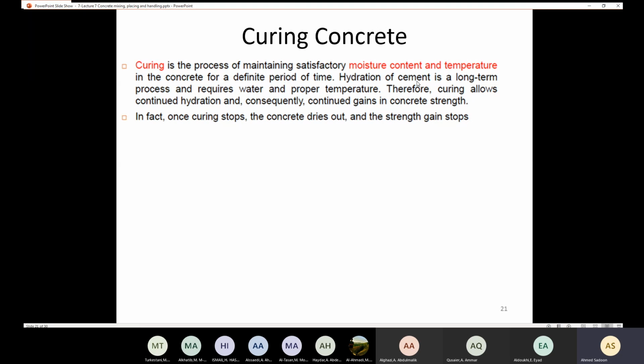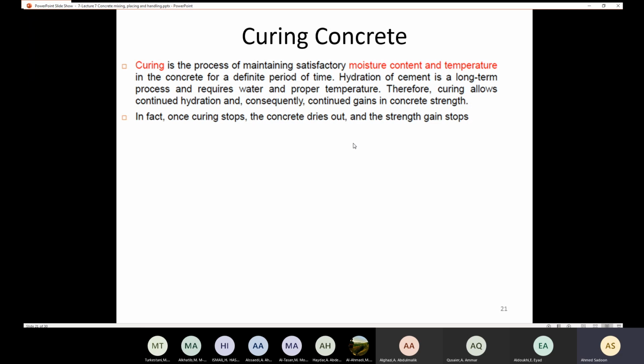Because hydration of the concrete is a long-term process, and that requires water and proper temperature. We talked about the hydration process: when the cement comes in contact with water, a hydration process takes place. And this process is a long-term process. So in order for this process to continue, I need to maintain a proper amount of water and temperature.